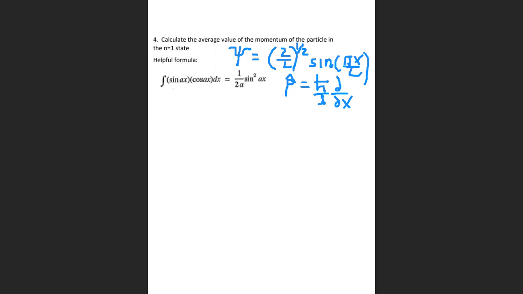When you take the first derivative of psi, it's going to turn to cosine, which is not what you started with. So the answer would be no. So once again, we need to calculate an average value.